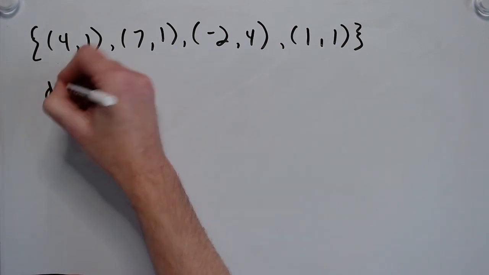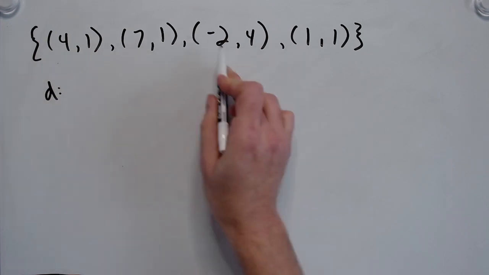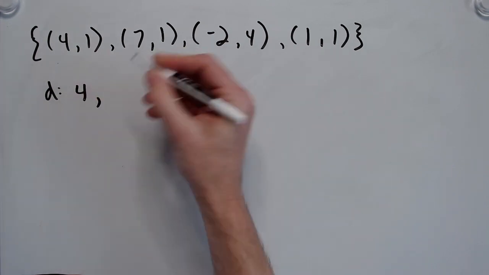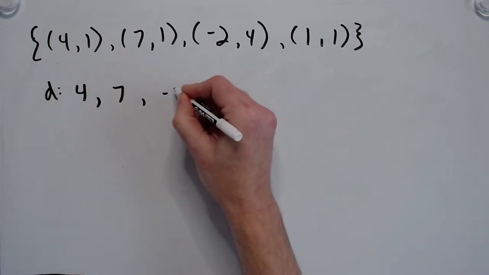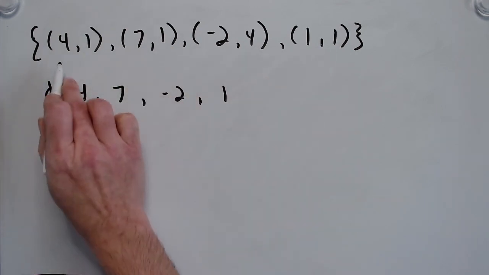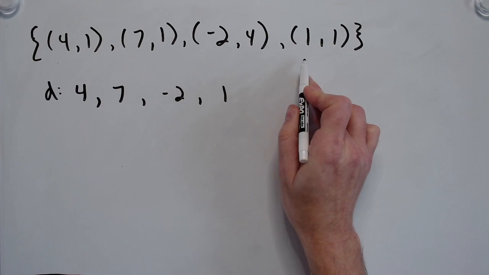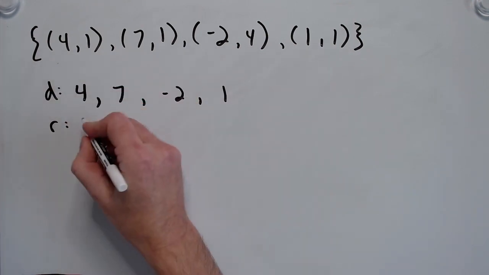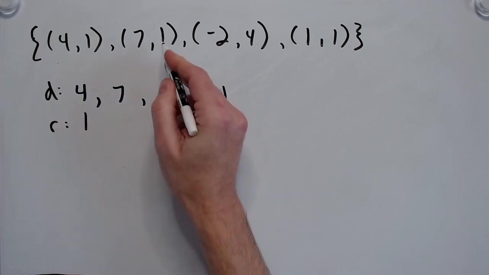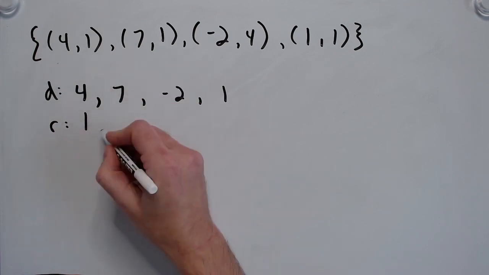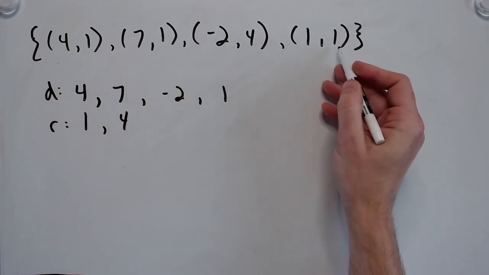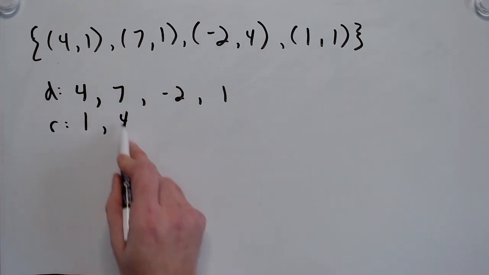So the domain, well, it's the first number in each ordered pair. So the domain would be 4, 7, -2, and 1. It's the first number in each ordered pair. So the range is the second one. So it's 1, 1 again, so we don't need to write it again, 4, and 1 again. So that's it. The range only has 2 values in it.